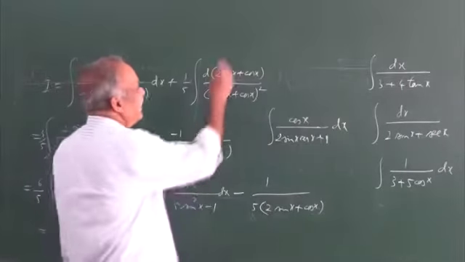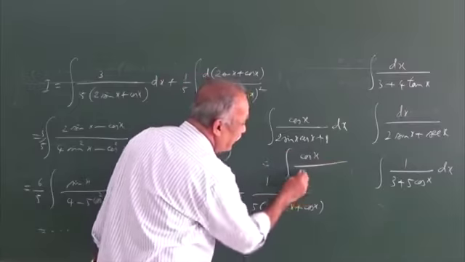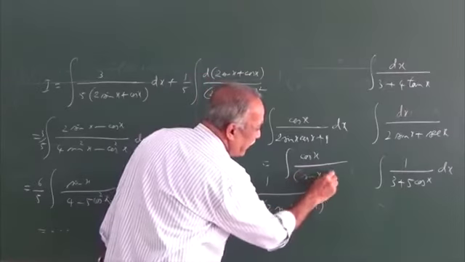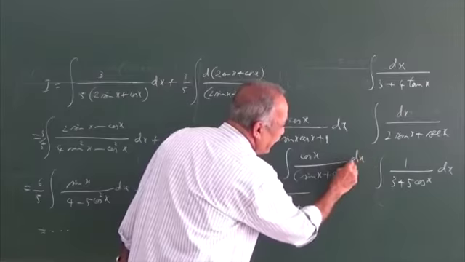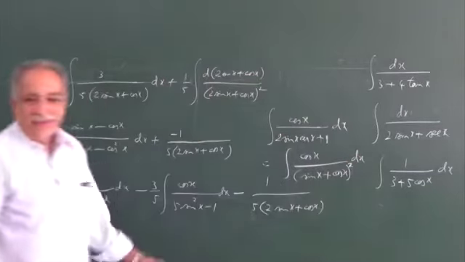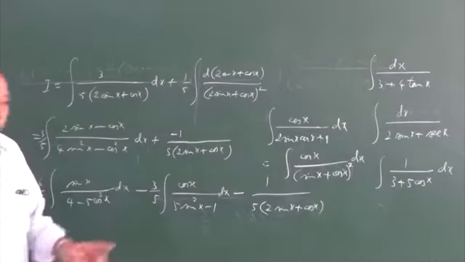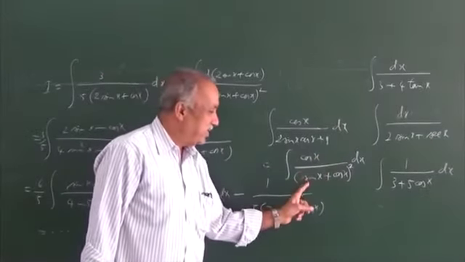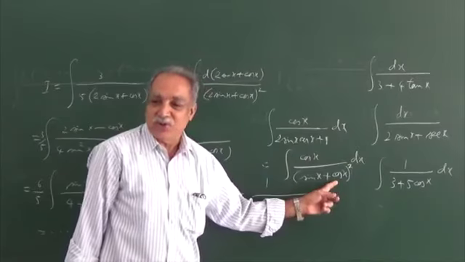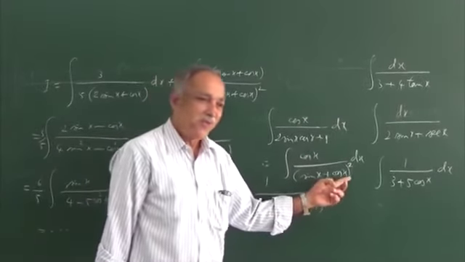Exactly. Is a type which has already been handled by us. Is of the form a sin x plus b cos x divided by c sin x plus d cos x whole square, which has been already taken care of. Good.